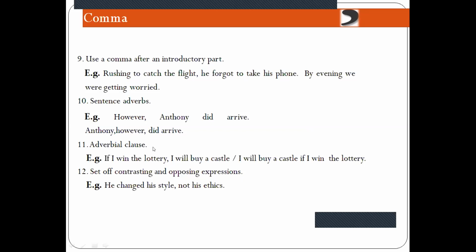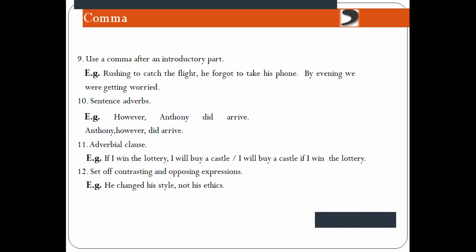There are so many, like therefore and many other kinds. Adverbial clauses, for example: if I win the lottery, comma, I will buy a castle. This one we call a dependent clause, or subordinate clause, or adverbial clause, conjunction kind of stuff.